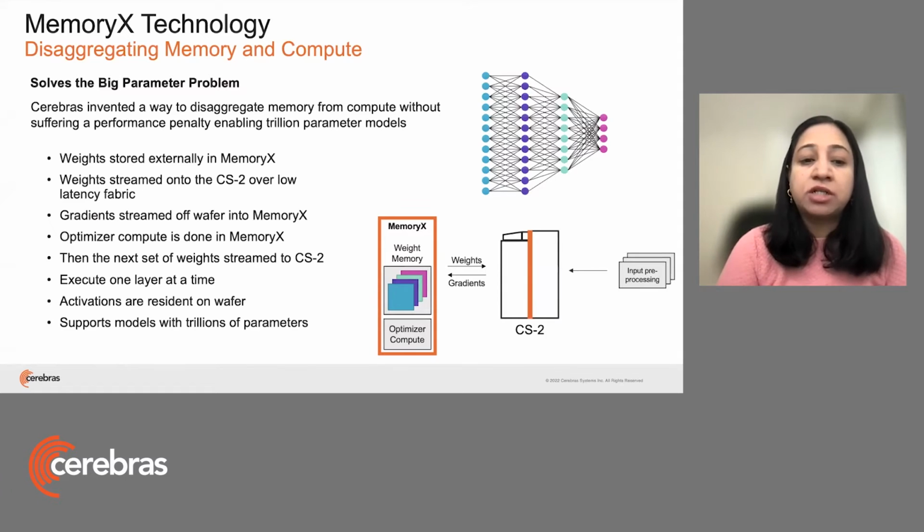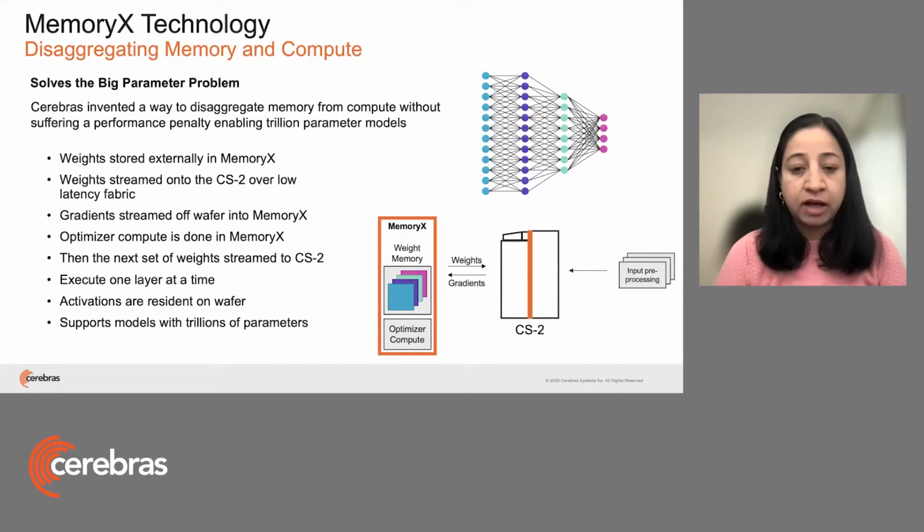So the weights are streamed into the CS2 over a low latency fabric. And we have done tons of optimizations to further hide any latency related delays with handling the pipelined way in which the weights get updated.